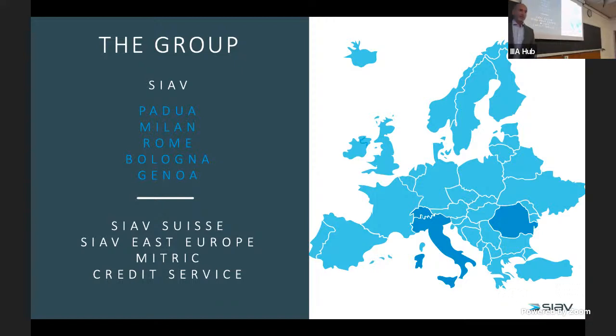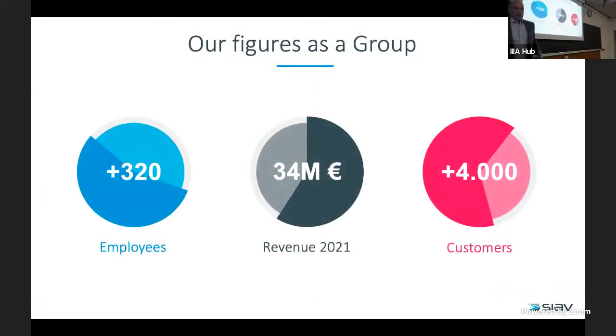Siav is making many corporate acquisitions these days, to expand its business and its technological scope. Metric and credit service are our latest acquisitions or participations. Now we have more than 300 people working in Siav and thousands of customers.